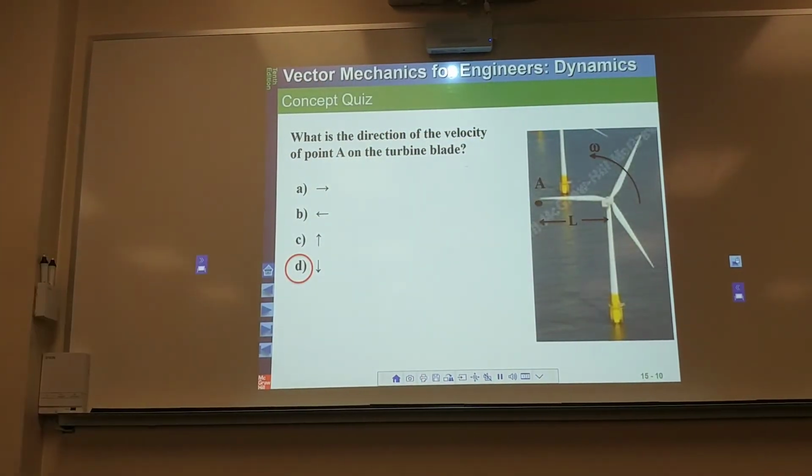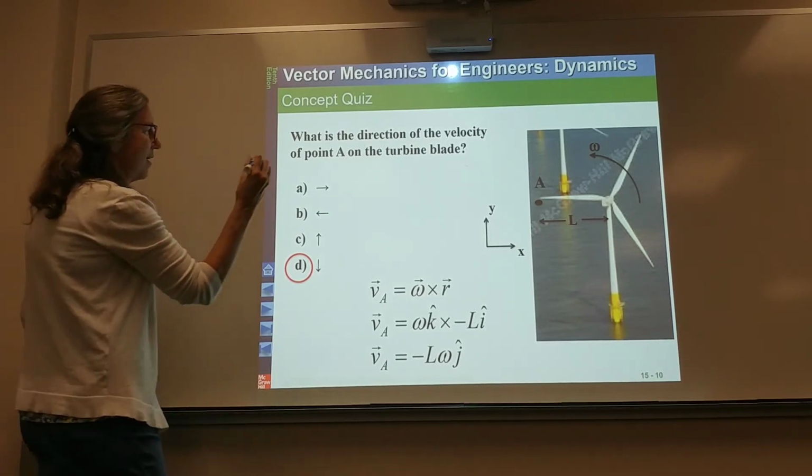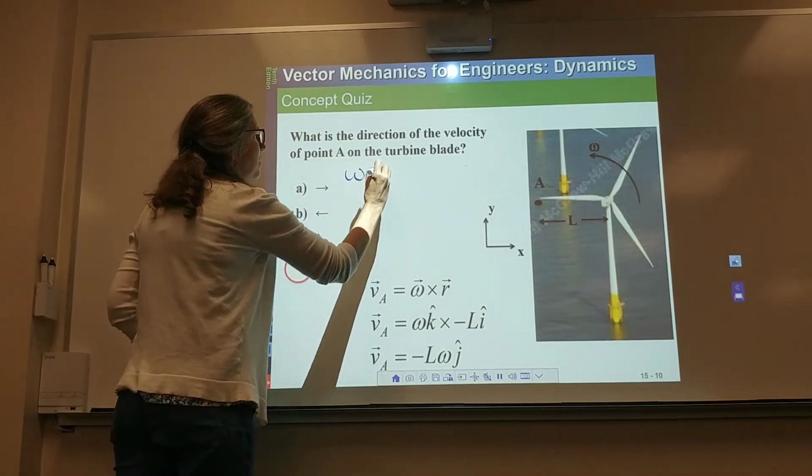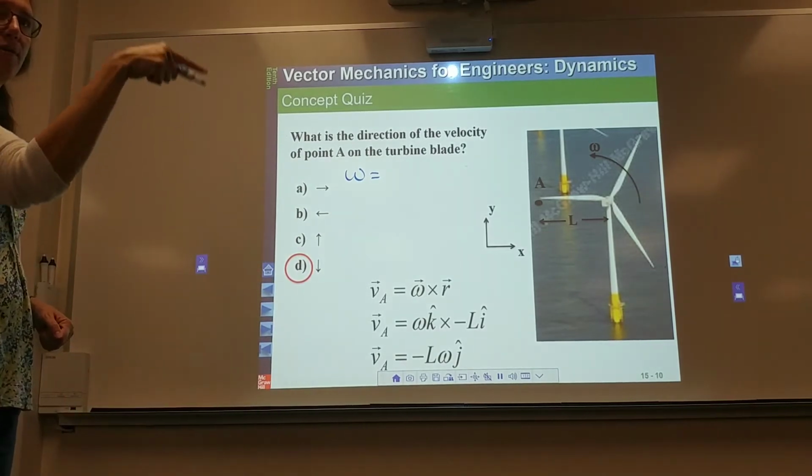Pure rotation is so easy. Yeah. And you can also do the cross product. So we haven't done any cross products yet, but we just intuitively knew that it was in that direction. So we have that omega is going to be equal to, let's just do that this way. So it is positive in the counterclockwise direction.